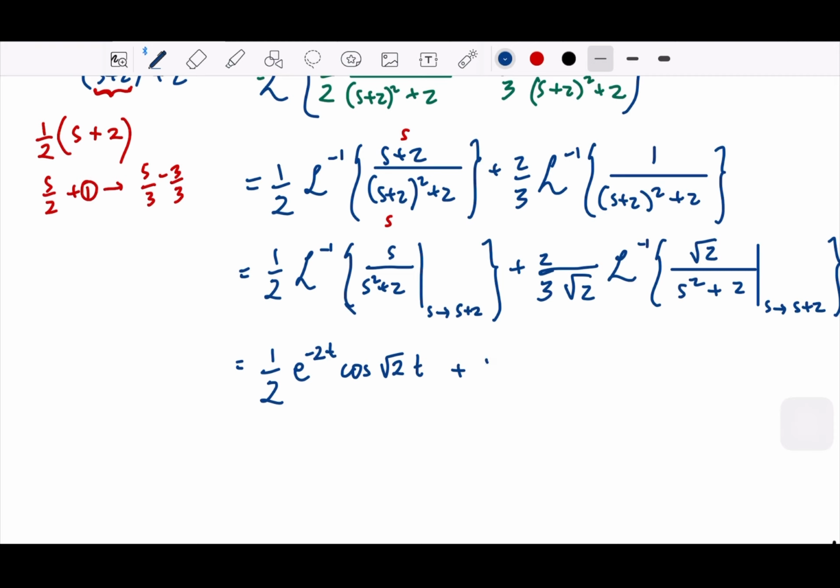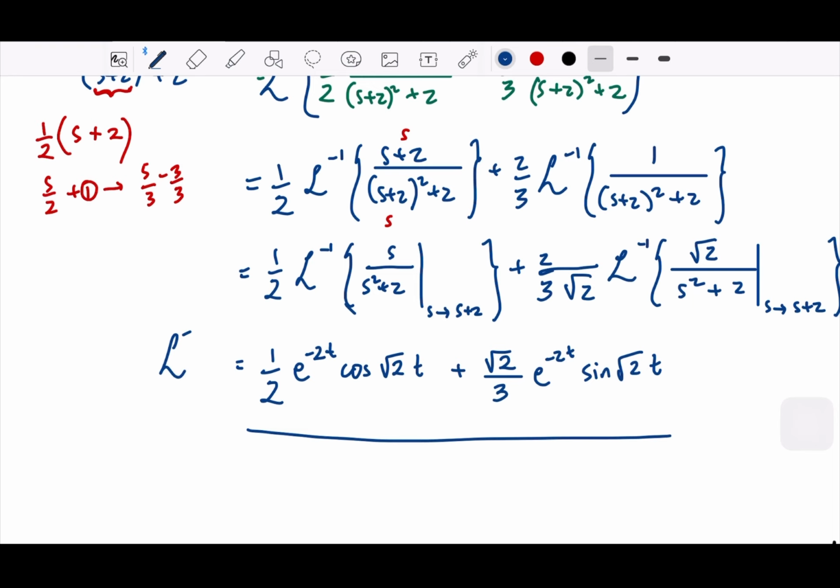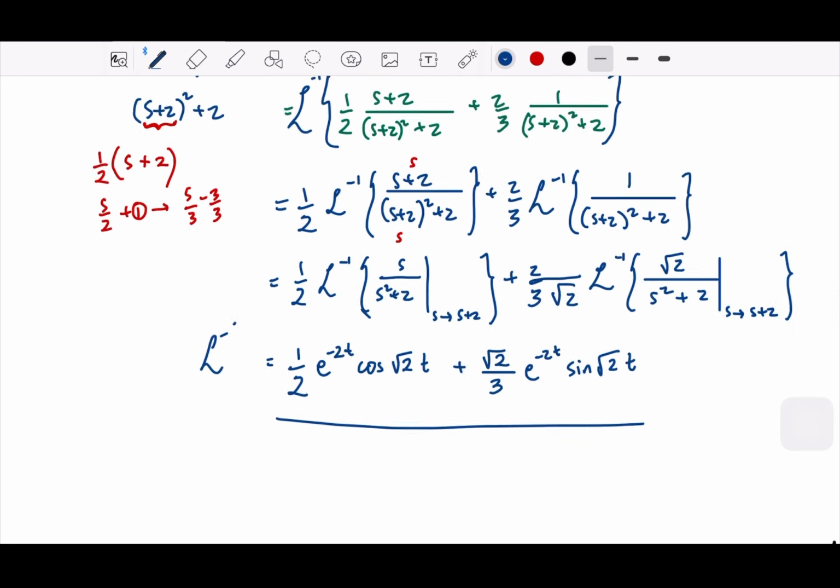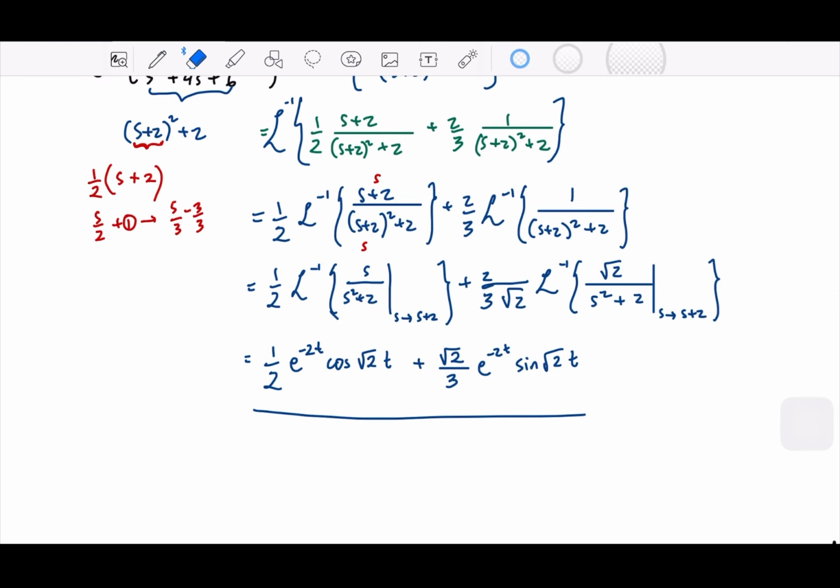So square root of 2 over 3, okay, and then e with power of negative 2t sine square root of 2t. Okay, that will be the answer for the inverse.